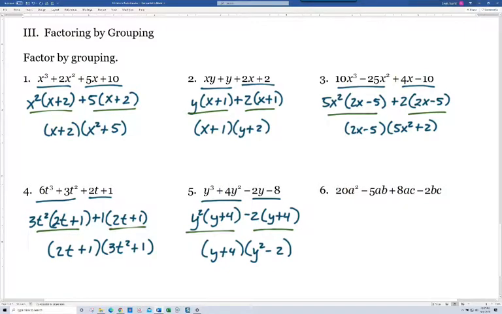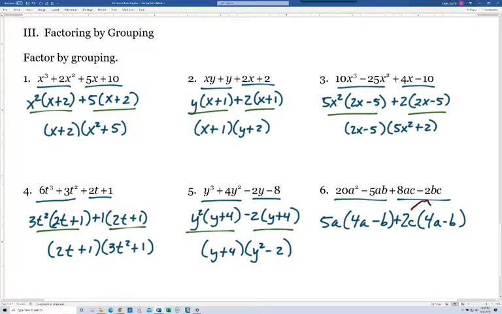And let's look at number 6 here. We can factor out a 5 and an a from the first two terms. So it'll be 5a times 4a minus b. And I'm expecting to get a 4a minus b when I factor the last two terms. And you can see I need to multiply by 2c here.